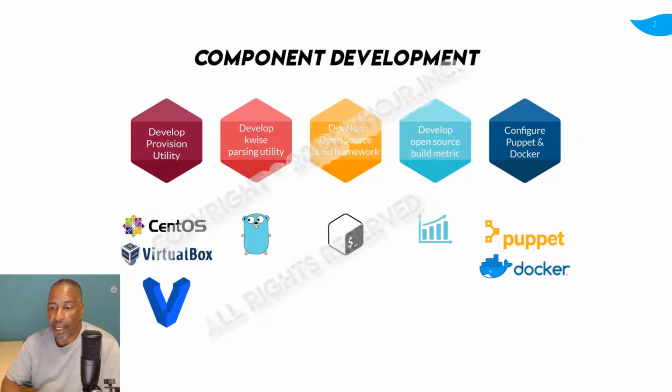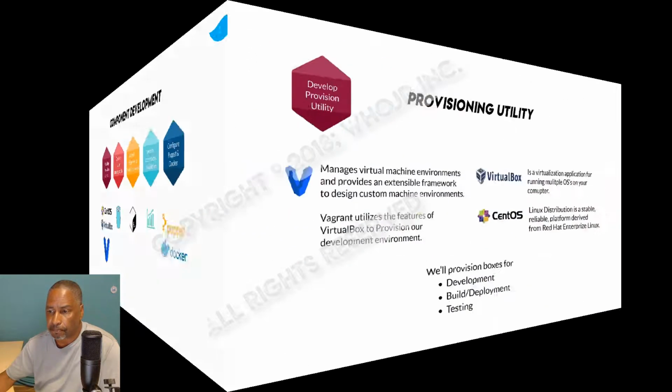We'll build an open source build framework in order to build Linux, and we'll use GnuPlot in order to monitor our build statistics and metrics. And we will use Puppet and Docker. Puppet will be used to keep our environments in sync, and Docker will be used to run our applications.